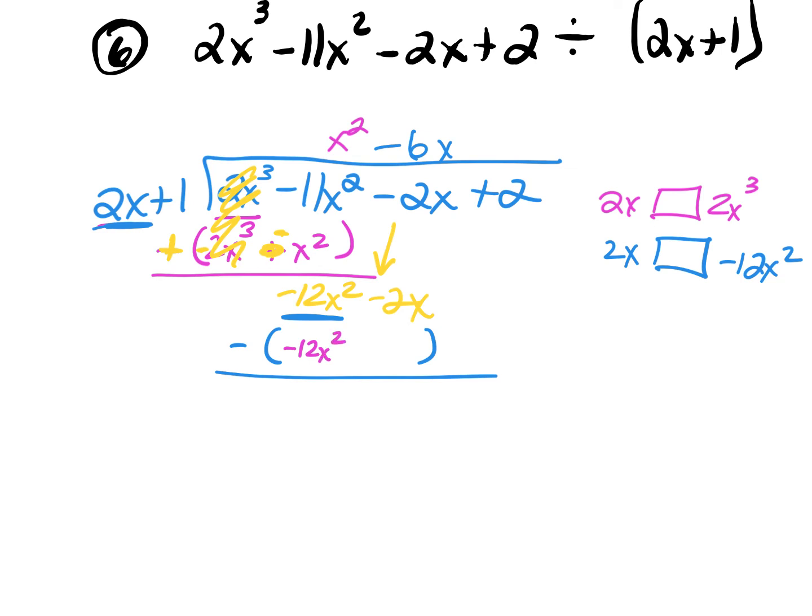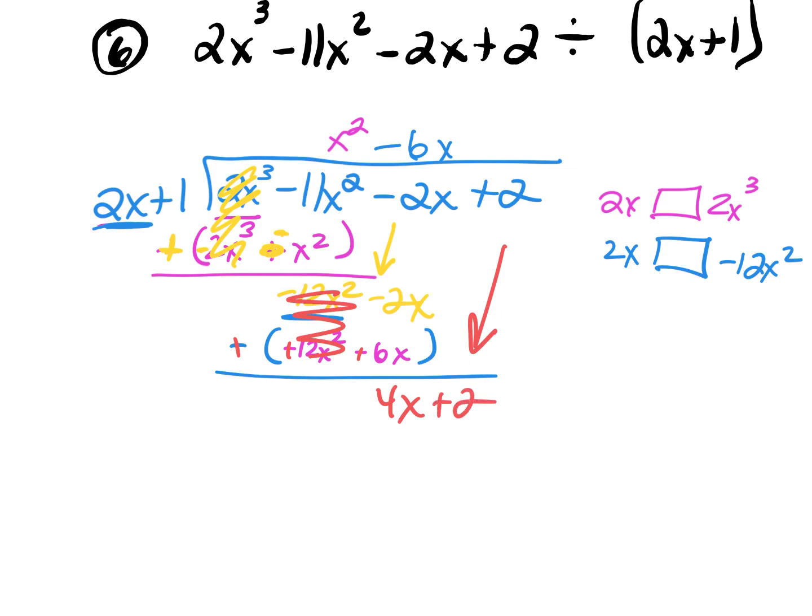Negative 6x times 1 is minus 6x, right? Now, before I subtract, what do I do? I'm going to change. So negative 2 plus 6 is 4x. What happens to my 12x squareds? They cancel.